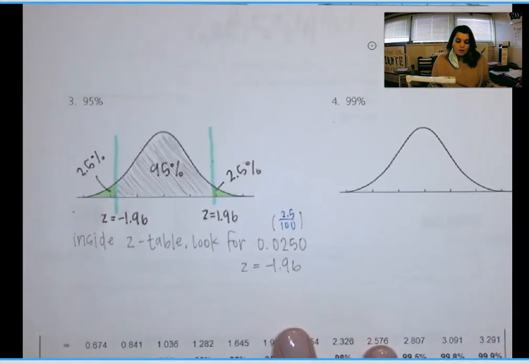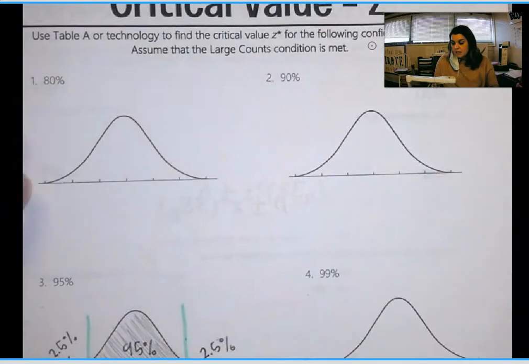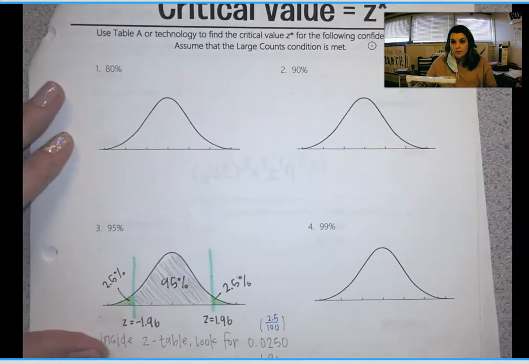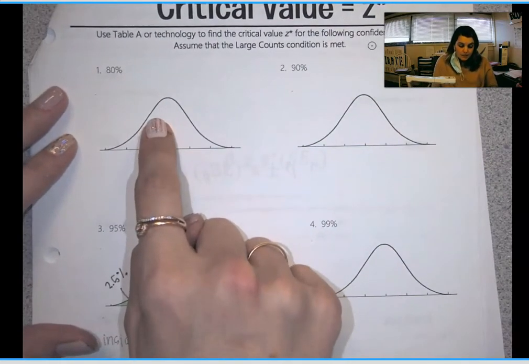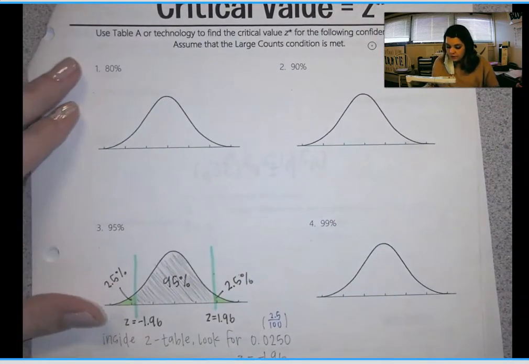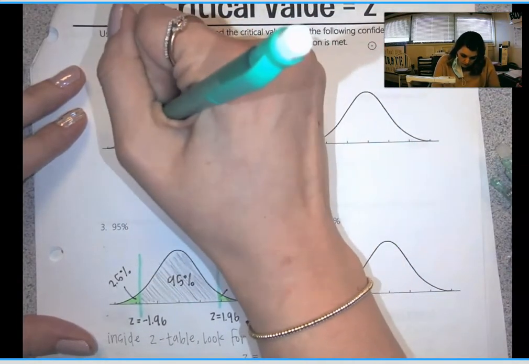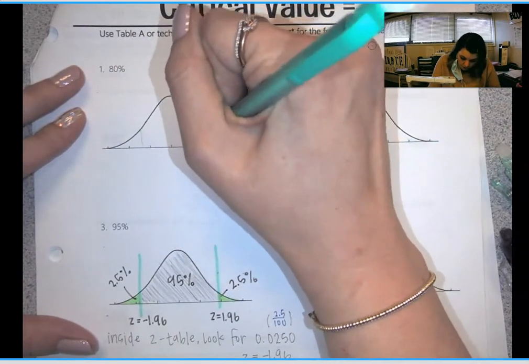So they want us to do the same for these curves. So for 80%, we're looking for the critical value such that 80% of the data is in the middle.